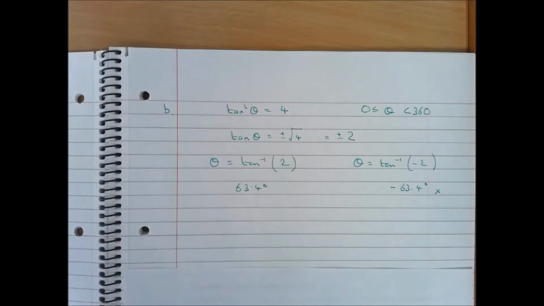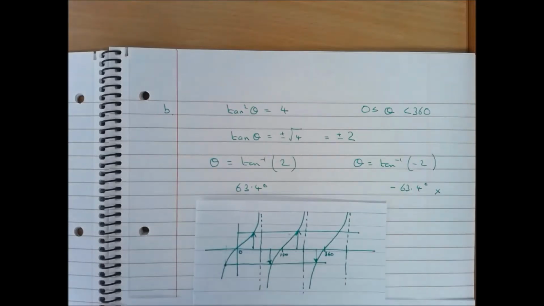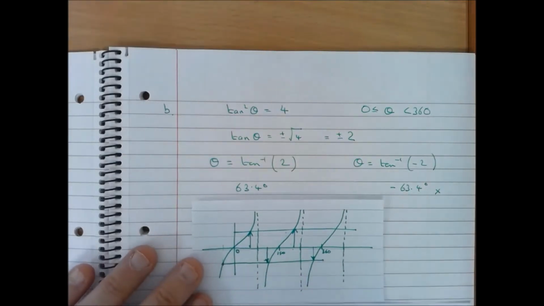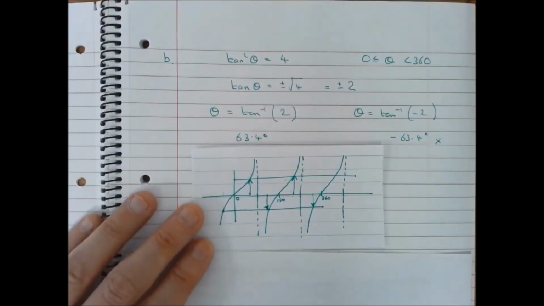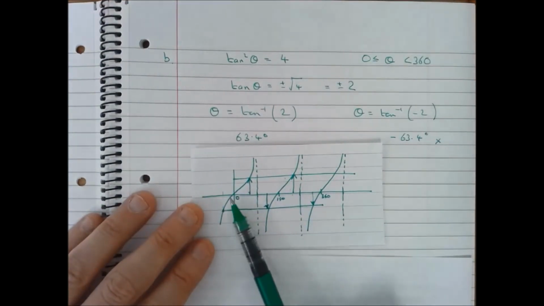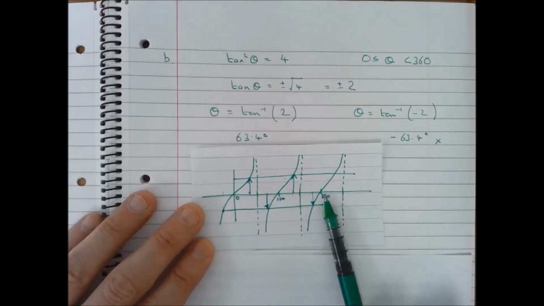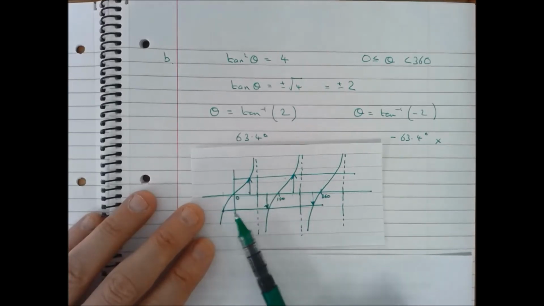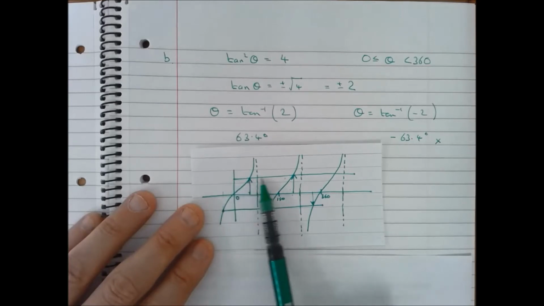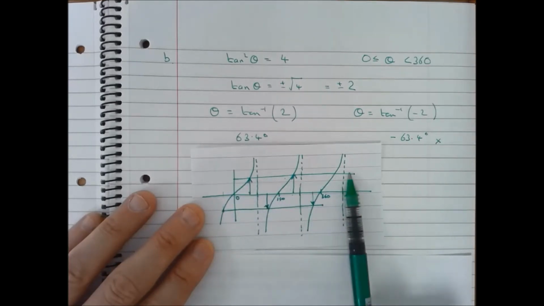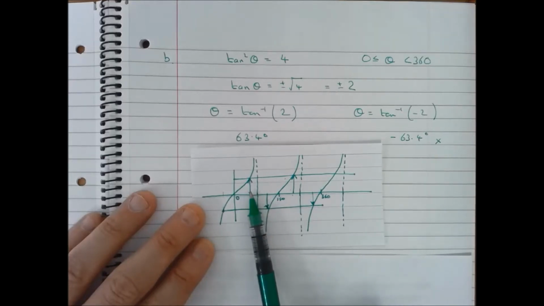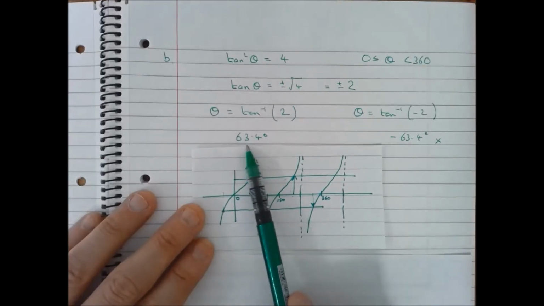Now let me introduce to you the graph of y equals tan x. So I've got 0 points here at 0, 180 and 360 degrees. And on here I've sketched the line where y is equal to 2. This is my first solution here, which corresponds to 63.4.